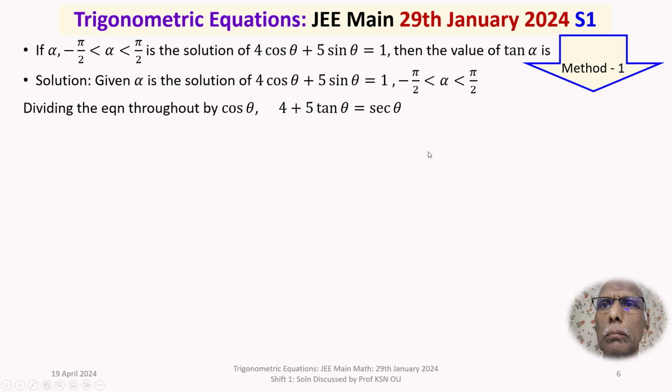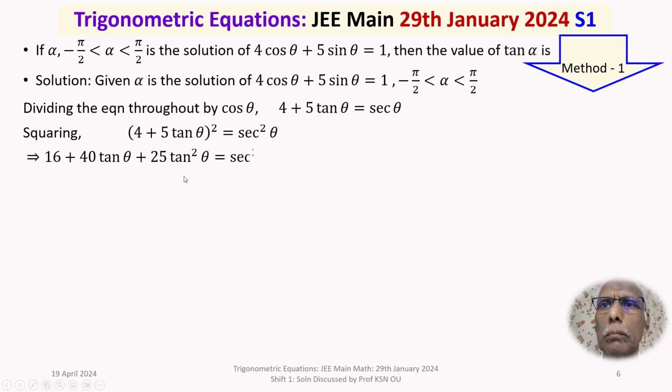So we take this and square it, because we will get secant square theta, which we convert into 1 plus tan square theta, and then we get an equation in tan theta. Squaring, we get 4 plus 5 tan theta whole square is equal to secant square theta.